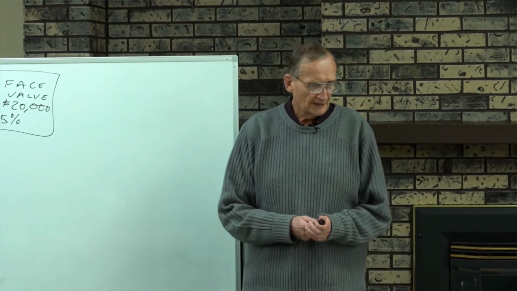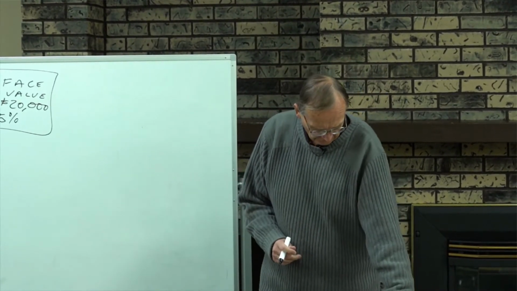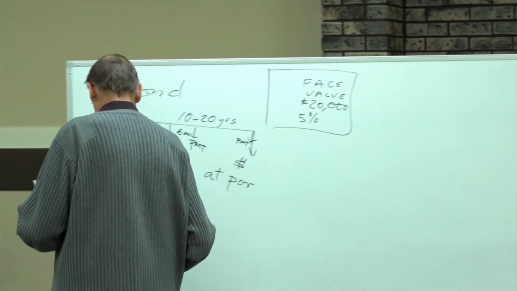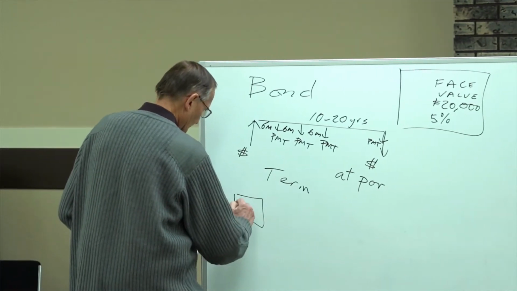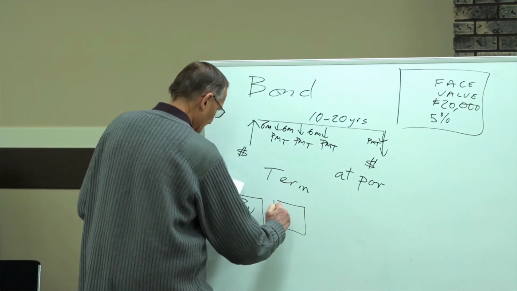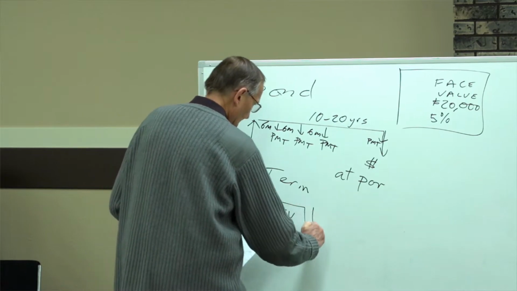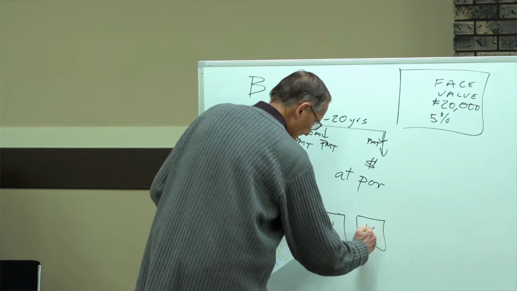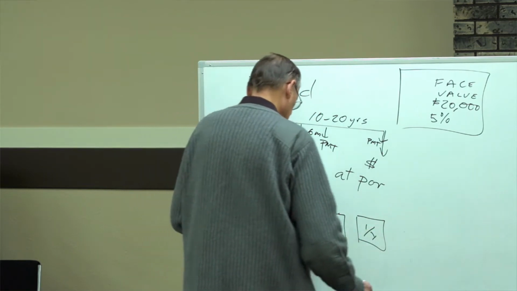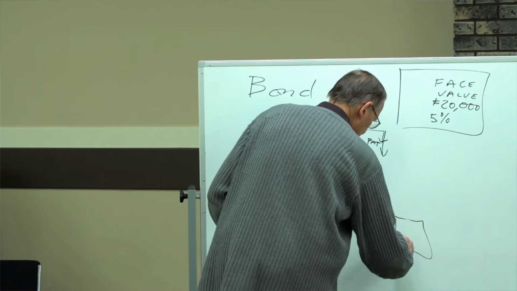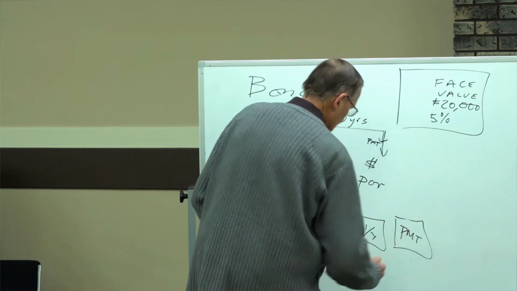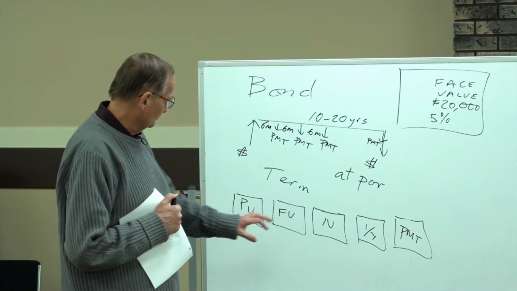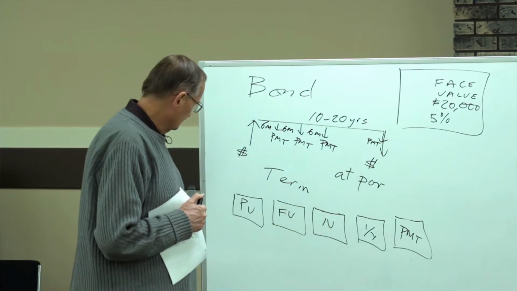Now, those of you who have financial calculators or have cell phones for tonight, set up your phones or your financial calculators with these buttons, the financial keys, because we can use those to figure out values of bonds. Because the maturity value, what they pay you back, will be the future value.